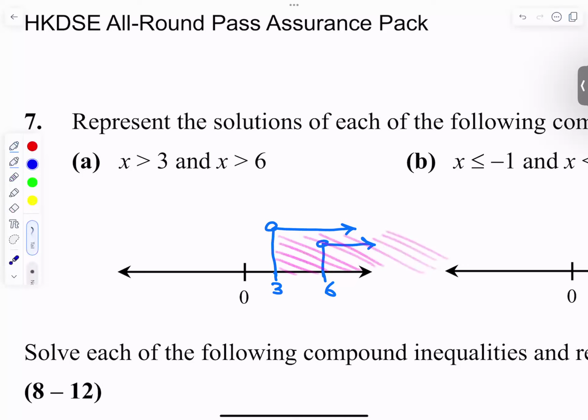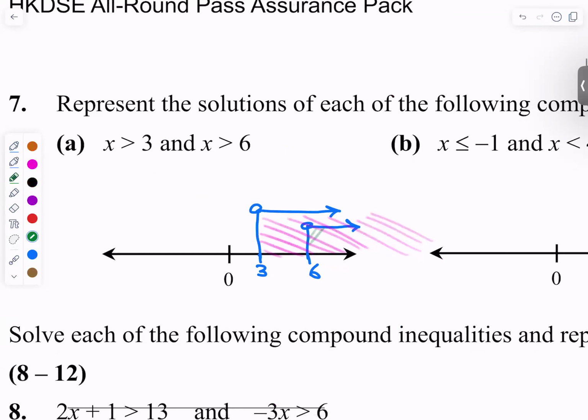So this means all the answers that are bigger than 3, and this means all the answers that are bigger than 6. But then I need to mix them together. So I will also draw the answers of 6. Now, all of them have to be together.